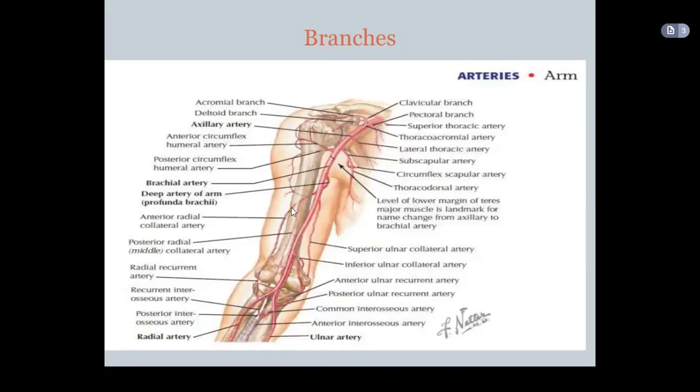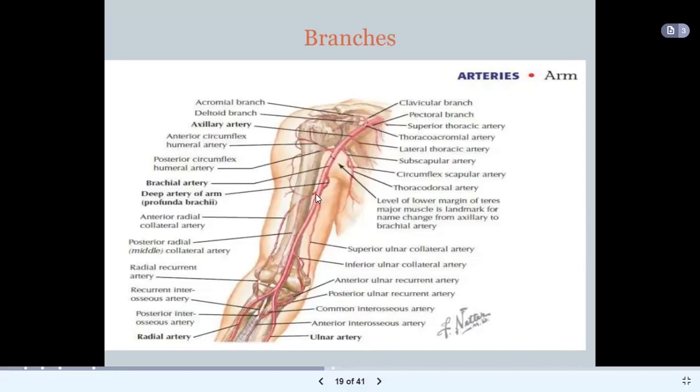And then the brachial artery continues until it gets to before the cubital fossa. It will give off the superior ulnar collateral artery, and then we'll have the inferior ulnar collateral artery.